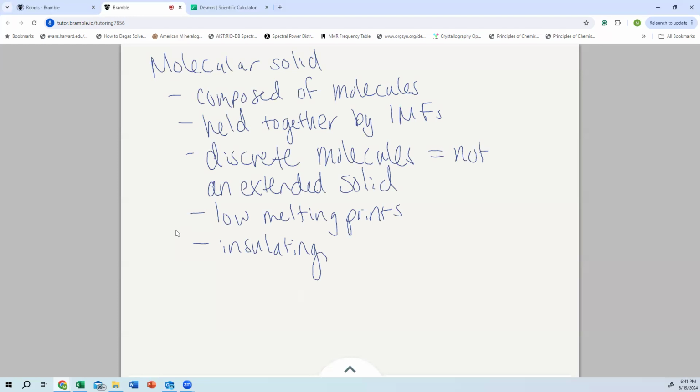And our last type of solid is a covalent network solid. This is similar to a molecular solid. Real quick as a note, just to remind, molecules are non-metals bonded together. I should have said that.